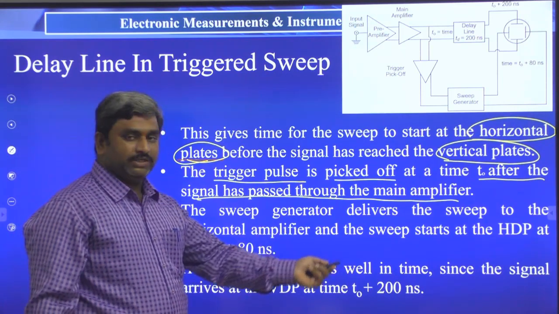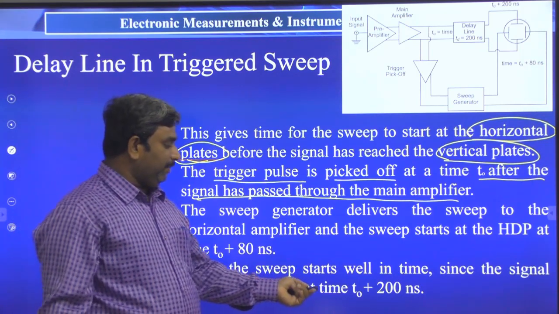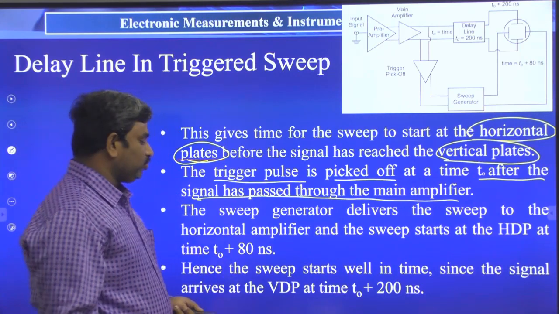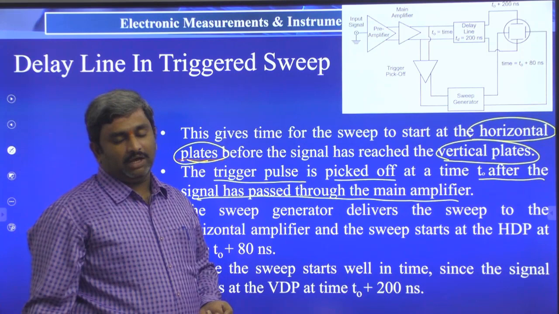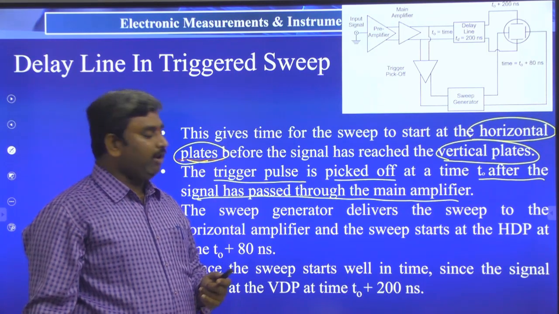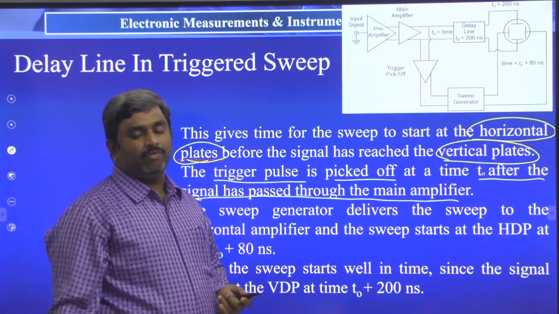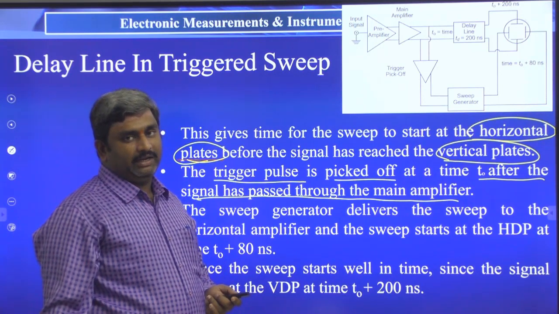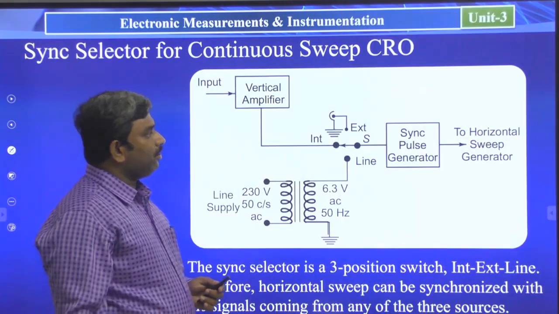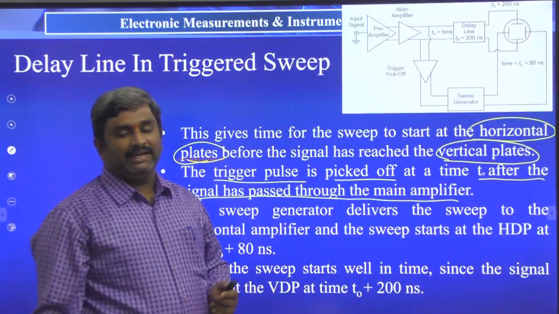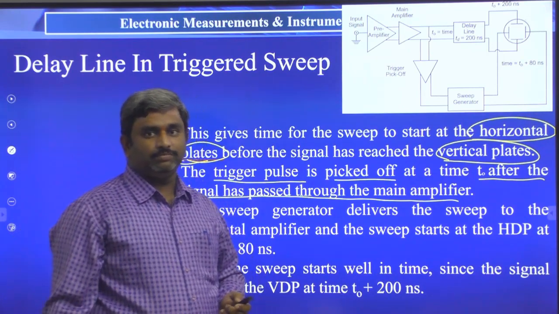Hence the sweep starts well in time, since the signal arrives at the VDP at time T0 plus 200 nanoseconds. So the vertical deflection plates receive the information after T0 plus 200 nanoseconds, and the horizontal deflection plates receive the information after T0 plus 80 nanoseconds. So that is about the delay line circuit in the triggered sweep CRO.